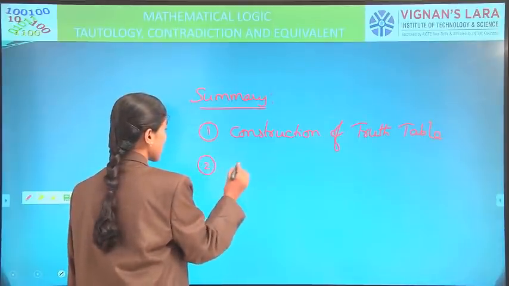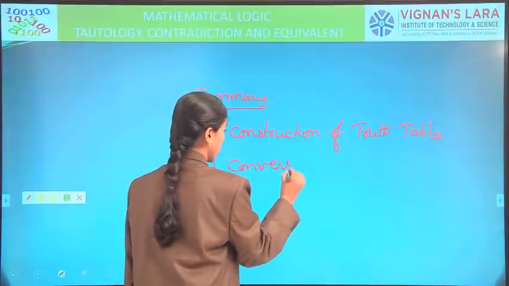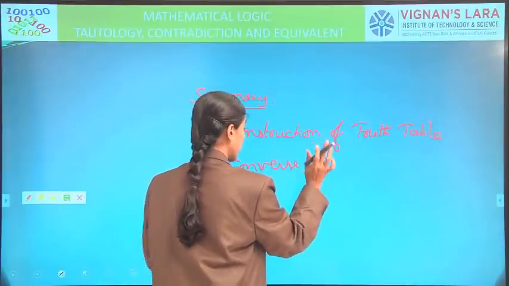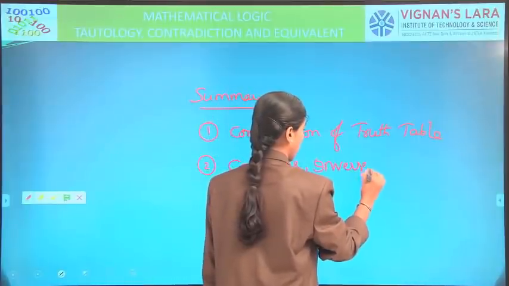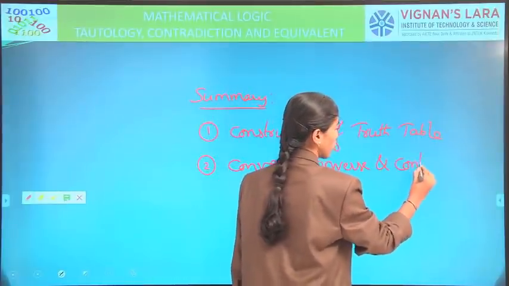Next, we saw the definitions of converse, inverse and contrapositive.